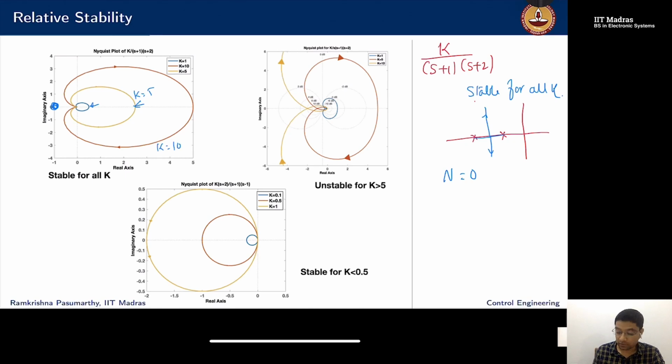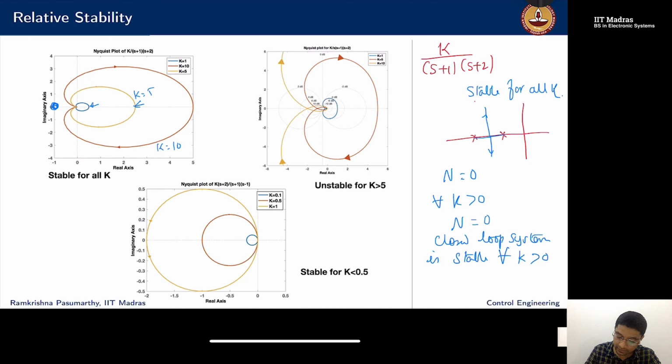So for all k greater than 0, N will be equal to 0, and therefore the closed loop system is stable for all k greater than 0. You can see this via the root locus, and you can also see this via the plot here.